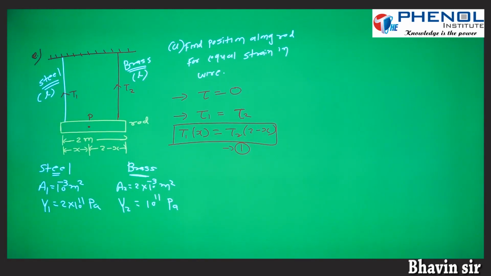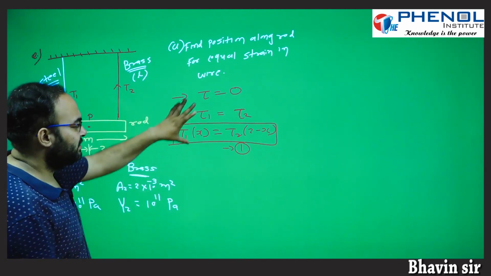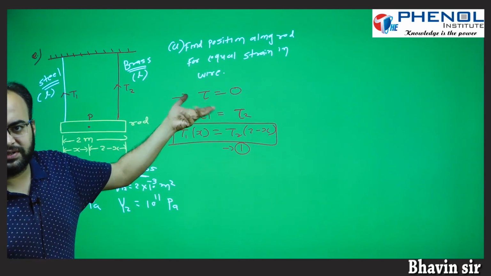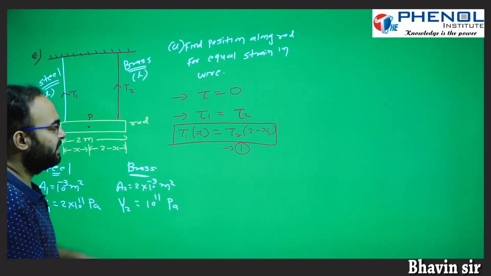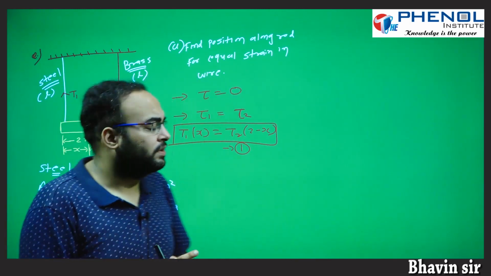Chalo, now equal strain in a wire. So now students, strains are equal. So this is the equation, the common equation, because it is related to torque. So this equation we can use in both the cases. It is general.